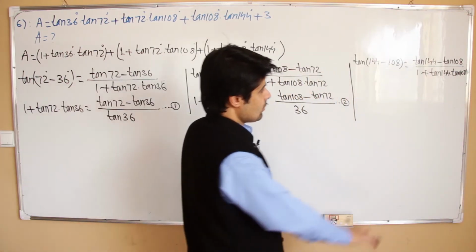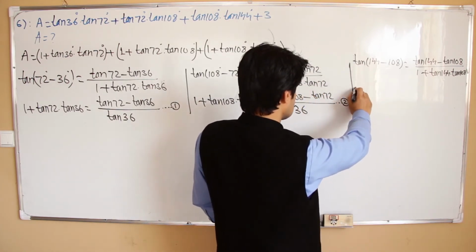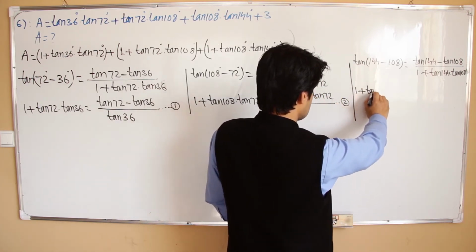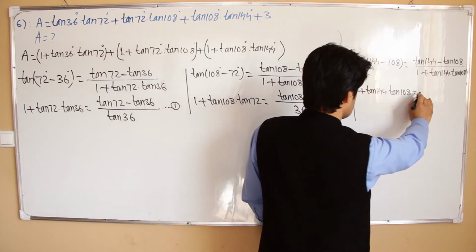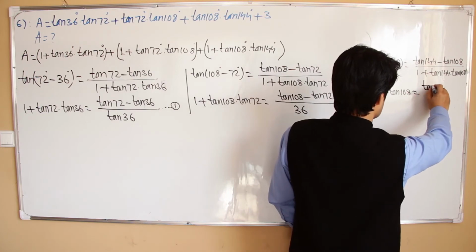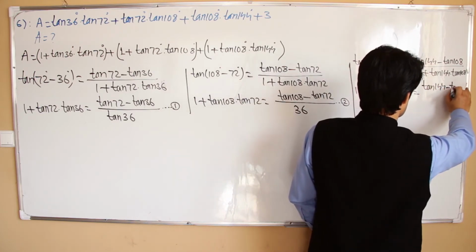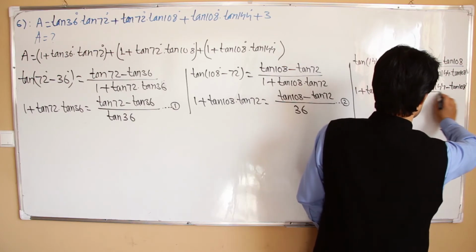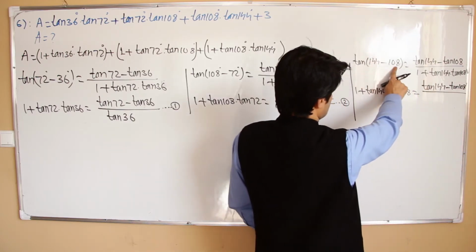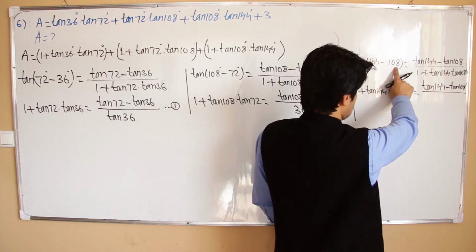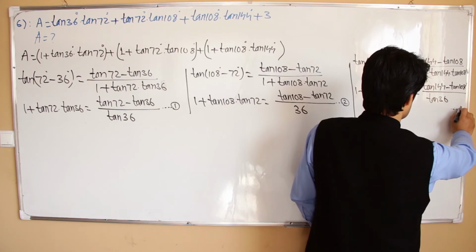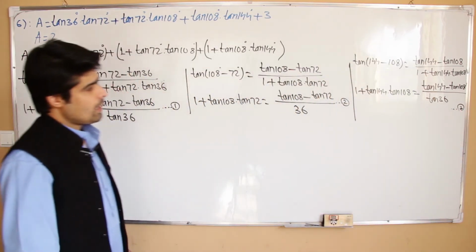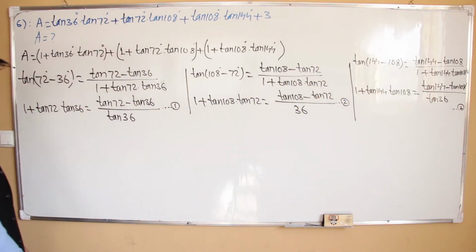Can I change the position of this denominator with this one? Yes. 1 plus tangent 144 times tangent 108 is equal to tangent 144 minus tangent 108 divided by 144 minus 108. I think it's once again 36. This is our third equation. Now, what do you think? We have first equation, second equation, and third equation.